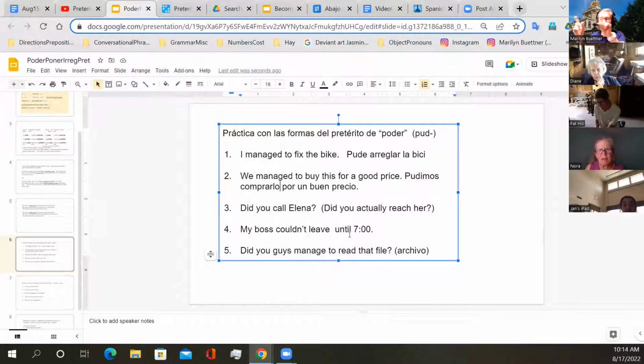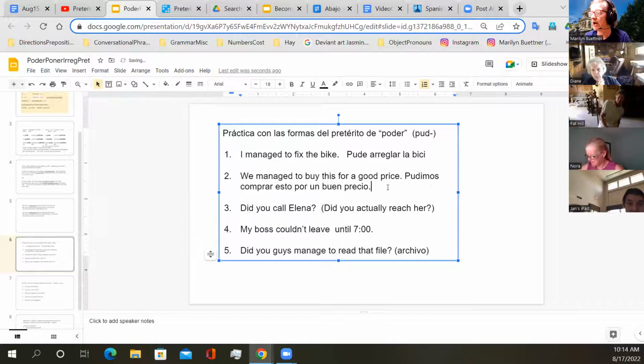Here's one of those things where that lo can go into two places. Podemos decir, we can say, lo pudimos comprar o pudimos comprarlo. Okay. So if you want to use lo instead of esto, you can definitely do that. Okay. But we will need the por because the por means in exchange for. Por un buen precio. Okay.